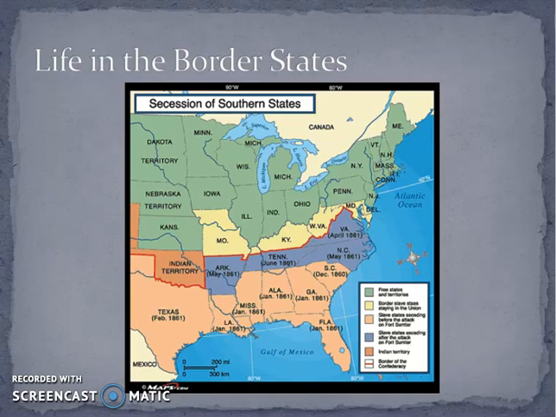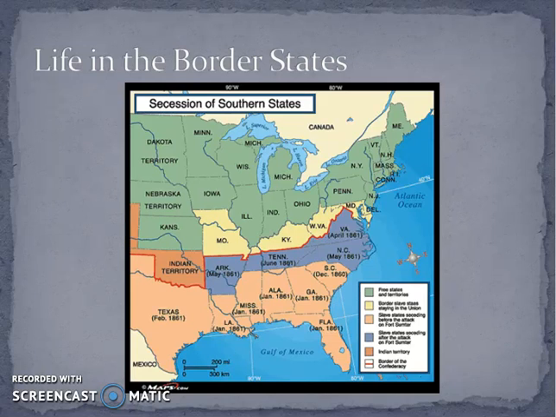So the pro-union government forms a militia to do their best to stay part of the Union and loyal to the Union.